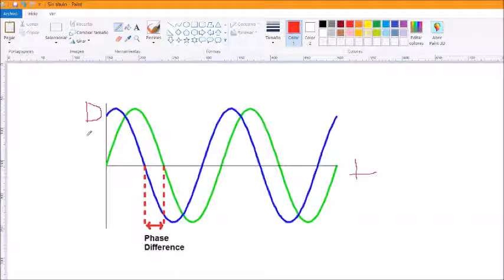Let's say here is 3 and here is 4 seconds. Seconds is the unit. So the phase difference is going to be 1 second. Now my partner is going to continue with the explanation.